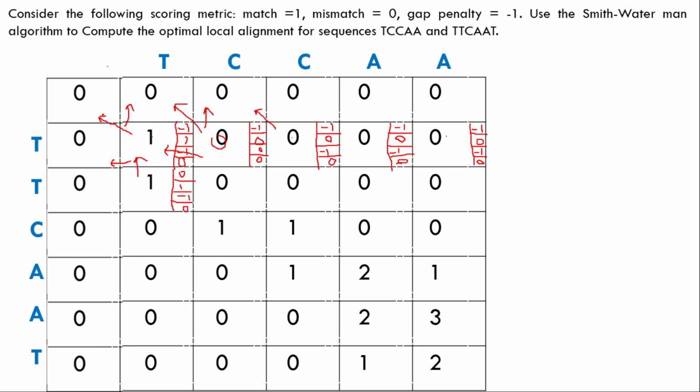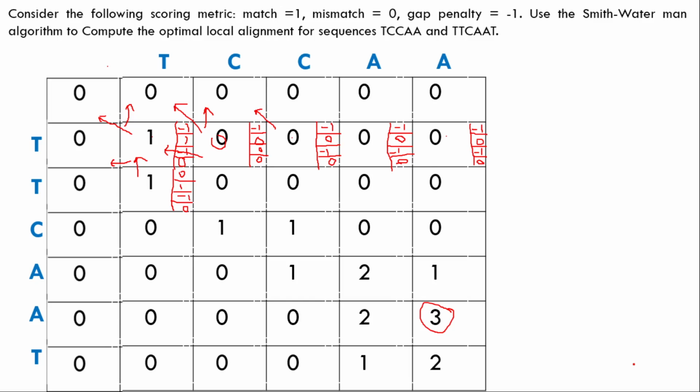You don't have to start from the lower right corner. Then what you have to do? You just try to find out the largest value in the matrix. So the largest value you can find is 3. So you have to start the traceback from this 3.